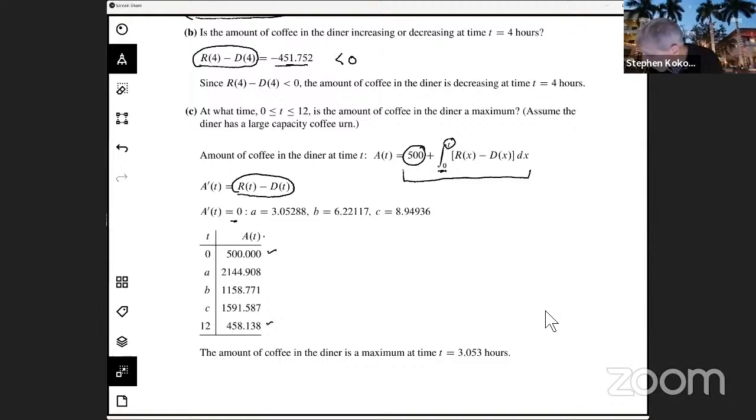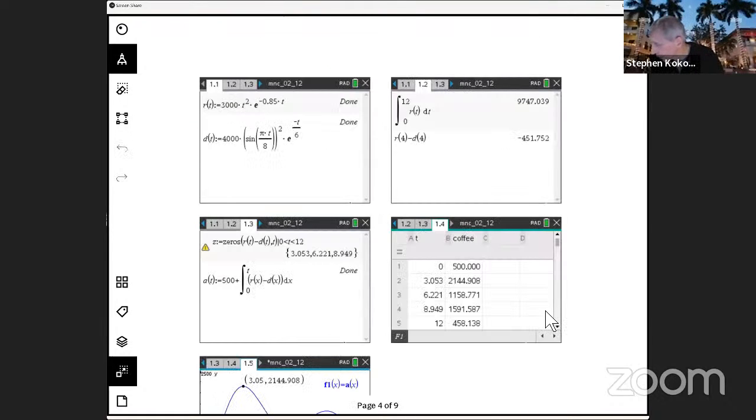And it looks like the maximum amount of coffee in the urn is around 2,145 ounces of coffee. Man, that sounds like a lot. And that occurs at time t equal to 3.053 hours. That's a neat problem. Let me show you a little bit with technology on the TI-Nspire, and we'll see if Tom wants to do anything on the 84 or not.